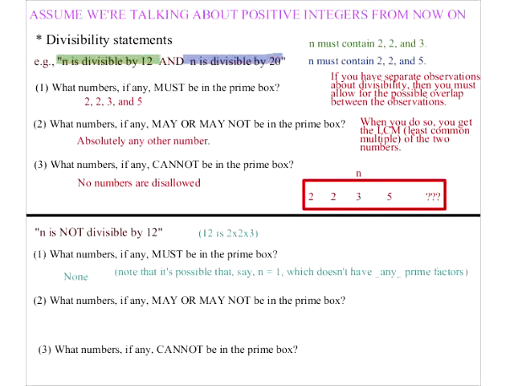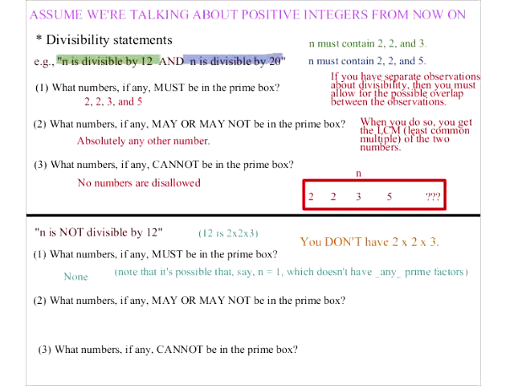So let's look at this statement very carefully. The statement means you don't have 2 times 2 times 3. That's what this means.